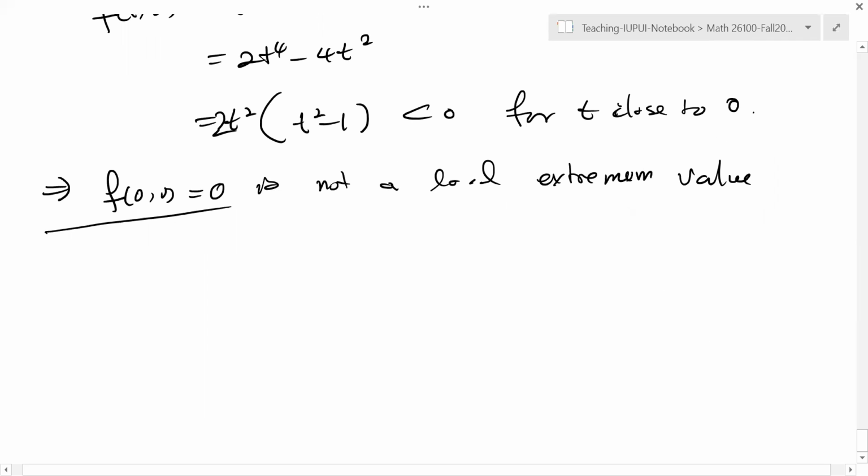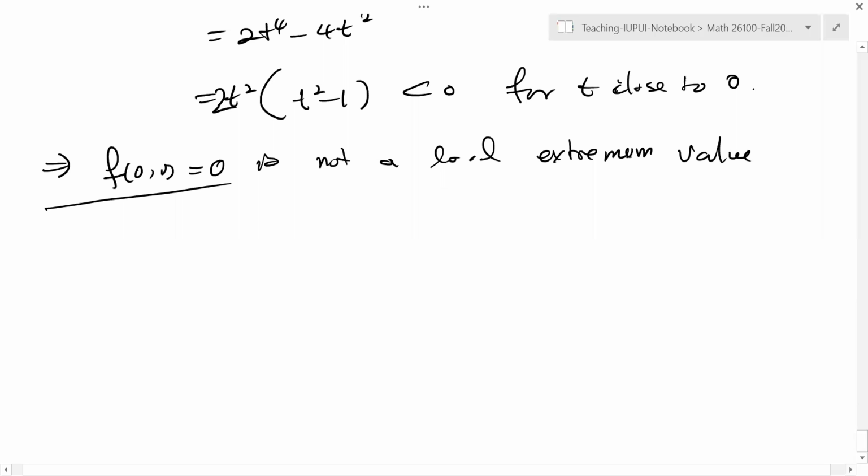And similar to functions of one variable, we can also talk about absolute maximum value and absolute minimum value. The theorem says that if the function is continuous on a closed, bounded domain, just like a closed interval.